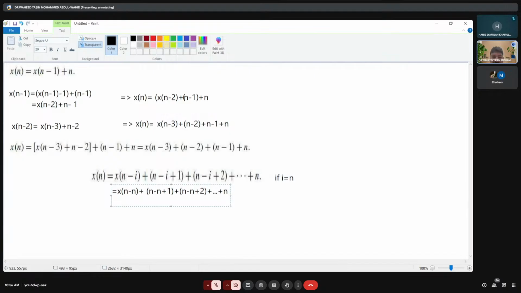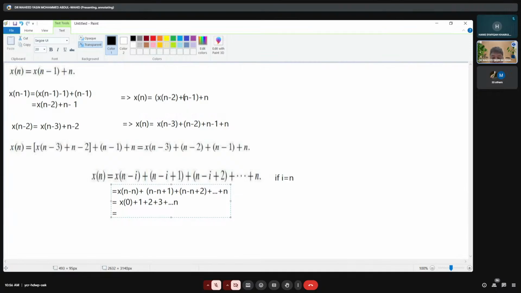So here we'll have x0 plus 1 plus 2 plus n, which will go with n, so we have only 2 plus 3 plus n.